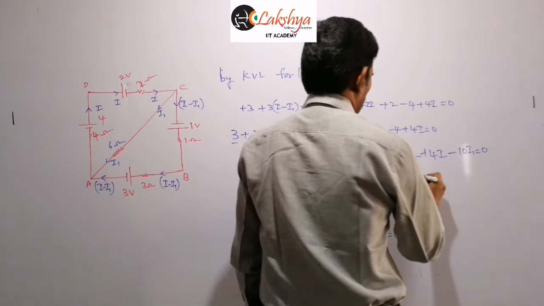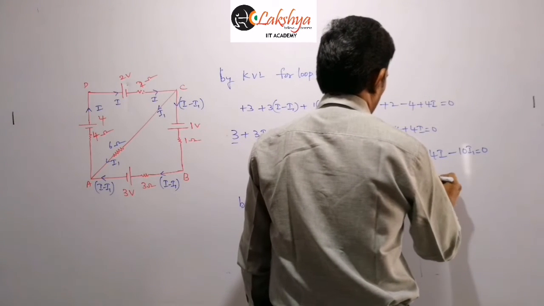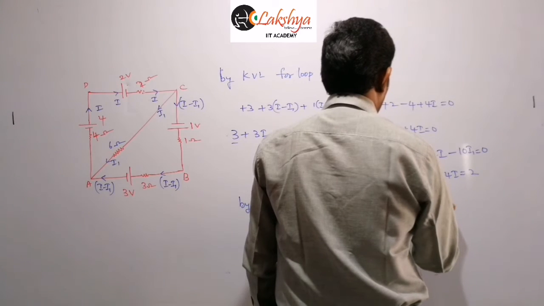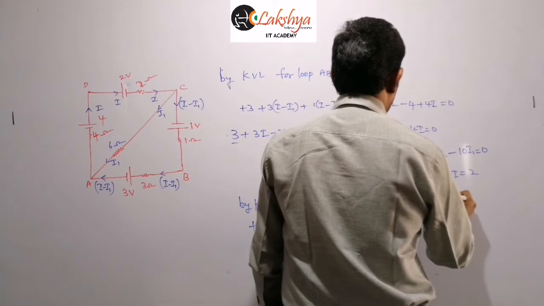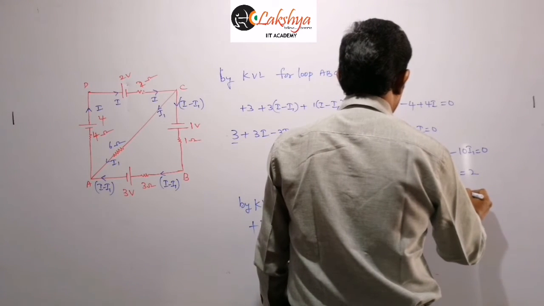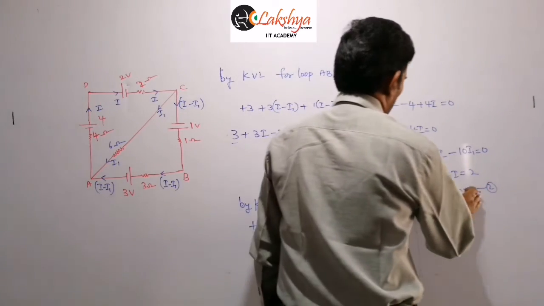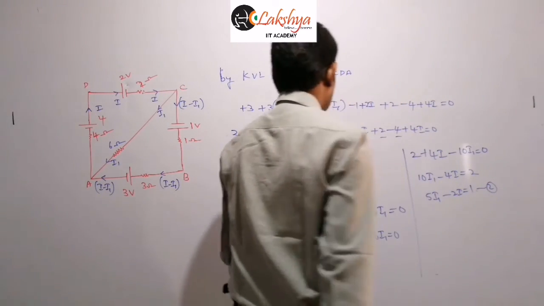So let us write the term like 10i1 minus 4i is equal to 2, or this is 5i1 minus 2i is equal to 2. We are dividing with that 2, this equation is equation 2.